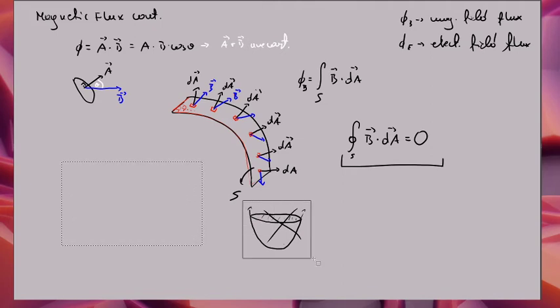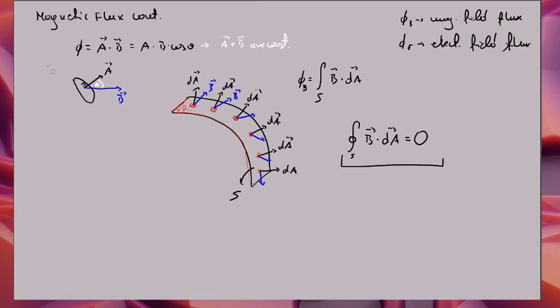What I'll say about it is that this equation comes from the fact that there are no magnetic monopoles. You can't have just a south pole that sits there with the magnetic field pointing towards it. It just doesn't happen. And you can't have a north pole sitting by itself.